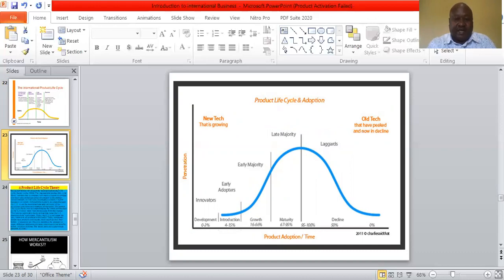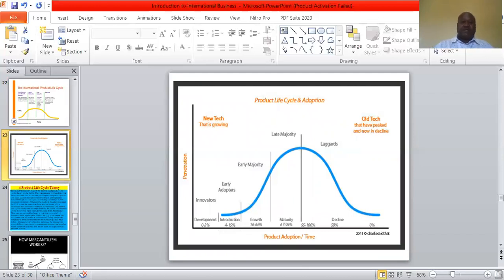You may realize we have here the vertical axis and the horizontal axis. The vertical axis shows the pervasion, and the horizontal axis is adoption time.